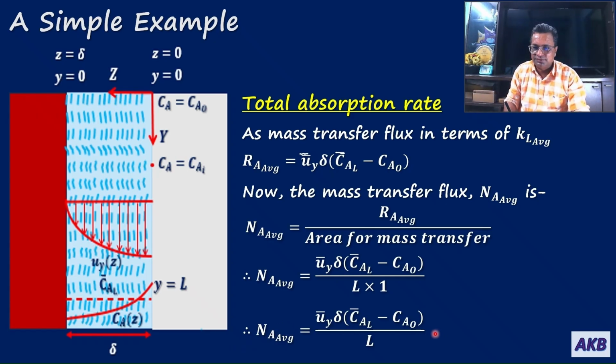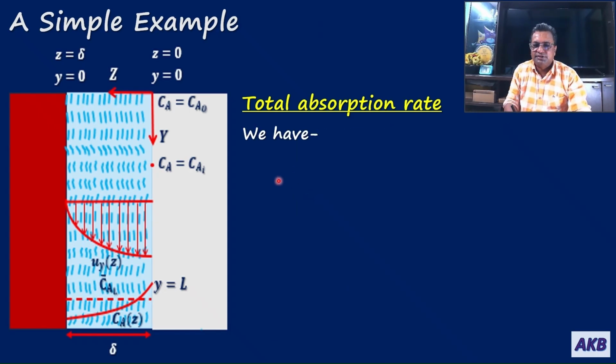At the end of this discussion, we have one equation for NA average, the mass transfer flux, which will give the absorption rate in moles per unit time per unit area. Okay, so we have this equation: NA average is equal to U y bar into delta into CAL bar minus CA0, by L.